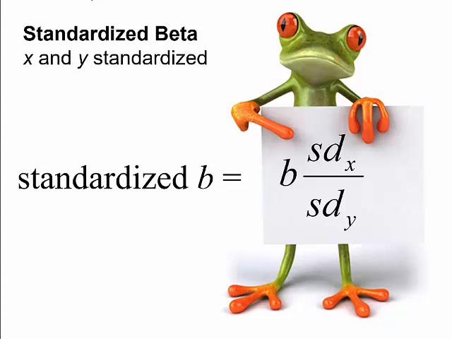So the typical way of calculating a standardized beta is to do what we've been talking about. That is, you turn all your variables into z-scores prior to analysis, and then you run your multiple regression equation, and the beta weights from that multiple regression equation are standardized betas because you turned everything to z-scores prior to analysis. But there may be some situations where you encounter unstandardized betas, and you need to find some way to convert them into standardized betas.